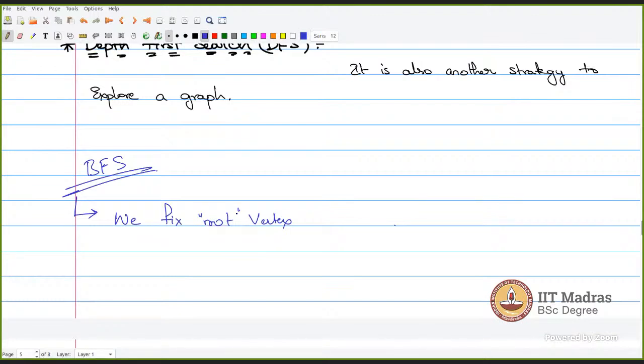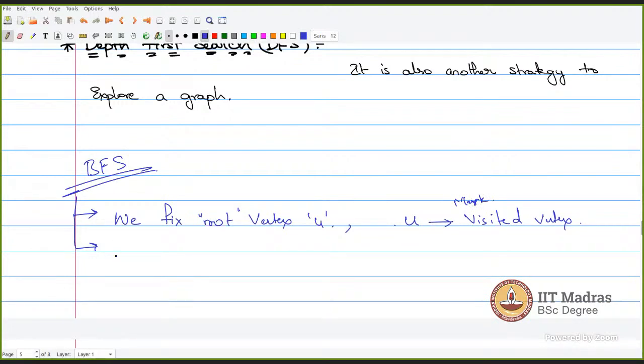That particular vertex you should fix as a root vertex. You say u or something. So once you fix u, after fixing u, I also mark this particular vertex u as visited.